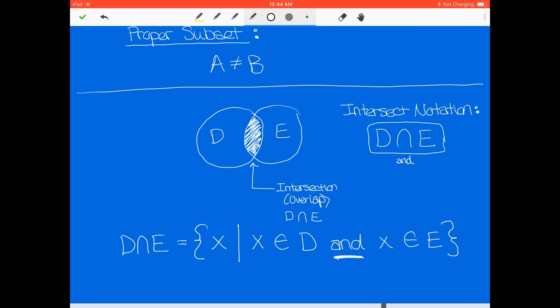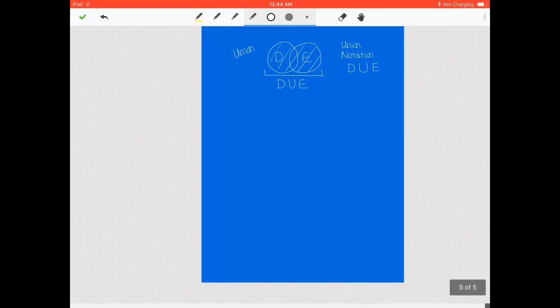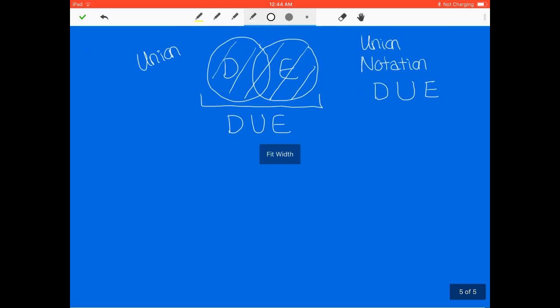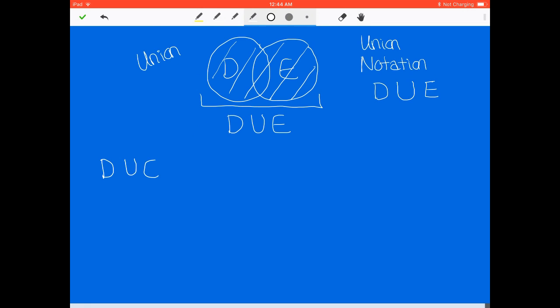This portion right here. How do we write it when it comes to a union? Again, I'm writing this down. It's letting me know I'm talking about the union. I'm talking about the whole thing.